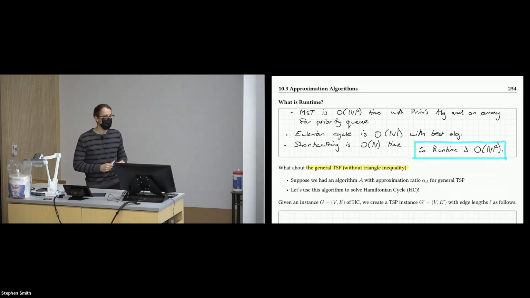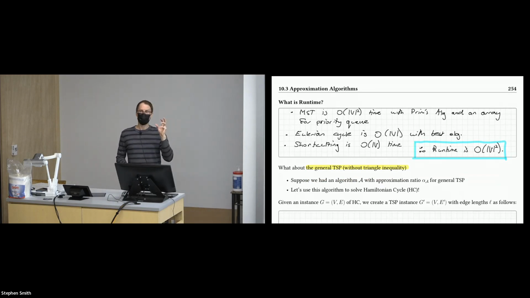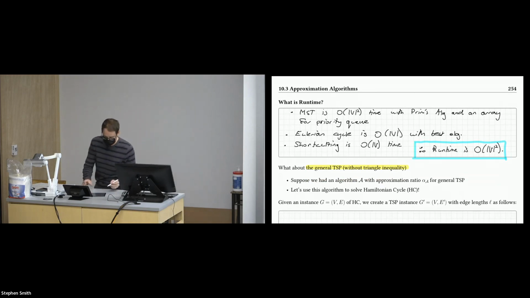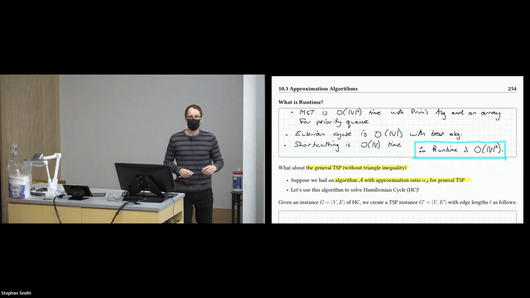And we can actually come up with a really nice negative result for this one, which says, let's suppose we had an approximation algorithm for the general TSP. I'm going to use it to solve Hamiltonian cycle.